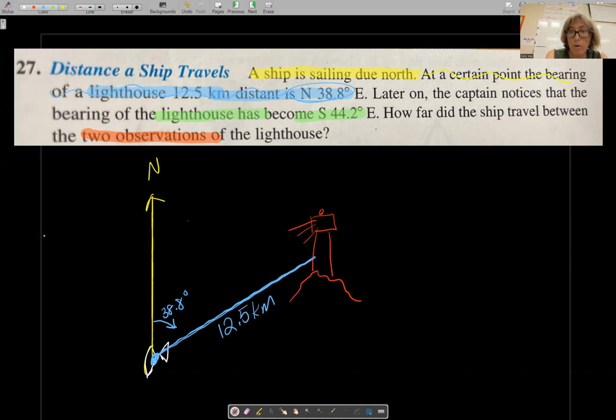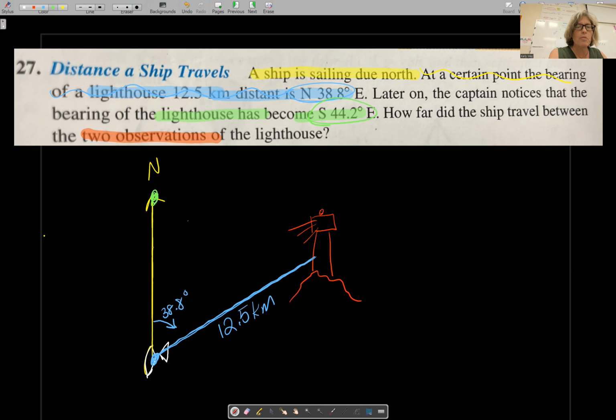Later on, we're still traveling north. It doesn't change bearings here. The bearing of the lighthouse has become south 44.2 degrees.